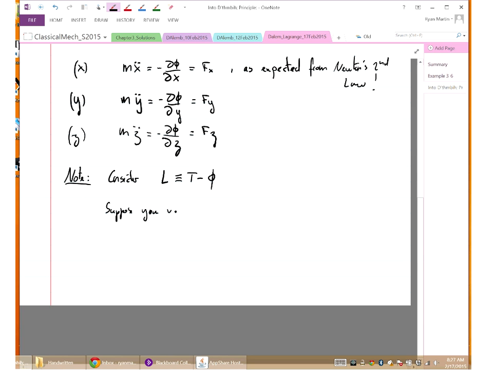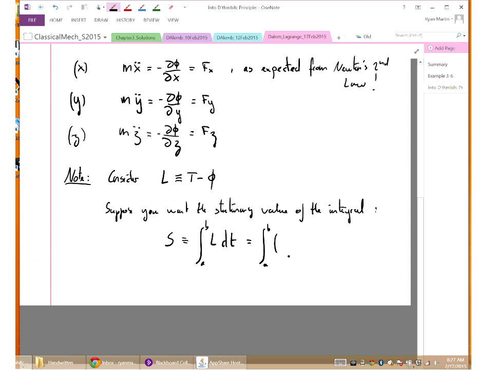And then suppose you want the stationary value of the integral that's given by S, let's say, of L dt. So in this case, this would be the integral from a to b of, like I said, T minus φ.